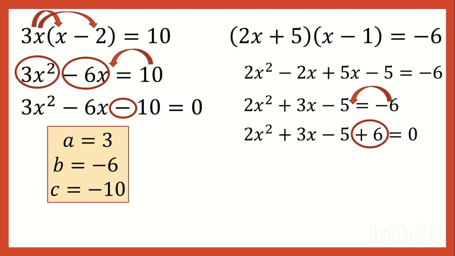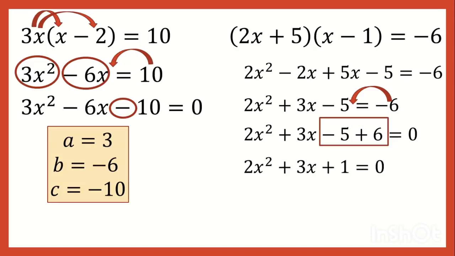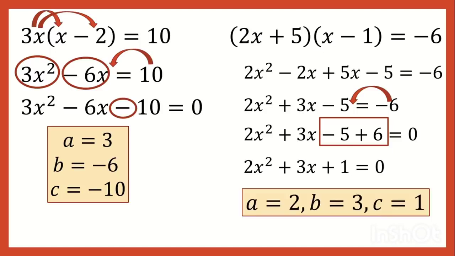Remember, negative siya. So pag nilipat natin, magiging positive 6 is equal to 0. Now, since meron tayong dalawang constant term, we will combine these two. So magkakaroon tayo ngayon ng 2x squared plus 3x plus 1 equals 0. So we will now have A is equal to 2, B is equal to 3, and C is equal to 1. Always remember that the standard form must be AX squared plus BX plus C equals 0.